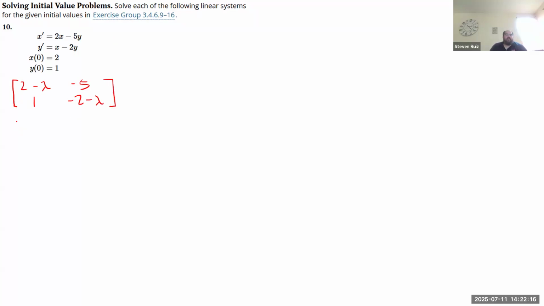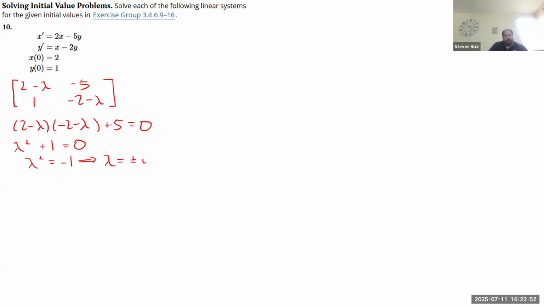The determinant of that is going to be 2 minus lambda times minus 2 minus lambda minus negative 5, so plus 5 equals 0. All right, so I'll get lambda squared plus 2 lambda minus 2 lambda minus 4 plus 5. So lambda squared plus 1 equals 0. Lambda squared equals negative 1. Lambda equals plus or minus i.